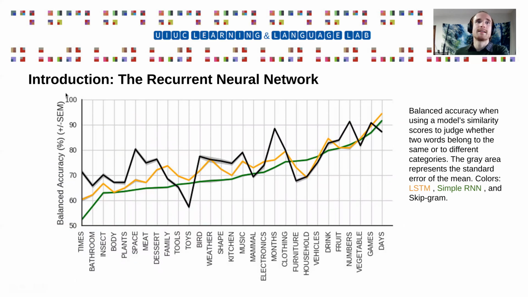The y-axis is the performance. This is a measure of the semantic categorization performance, essentially, or the fit between the learned similarities and the human-generated labels. And in green, the performance is shown for the simple recurrent neural network. For each of these 27 categories, the model is well above chance, except for maybe times. And it's comparable to more sophisticated models like the LSTM shown in yellow and a machine learning model, Word2Vec, in black.